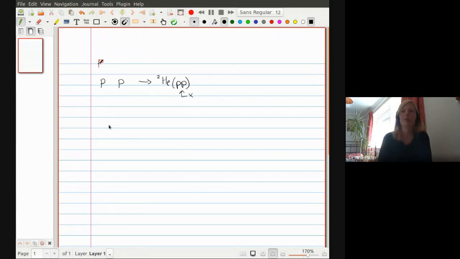So let's have a look, for example, at the only two nucleon bound state that we can have, and that's deuteron. We denote it with D, and that's a neutron-proton bound state, and it has a spin of 1.